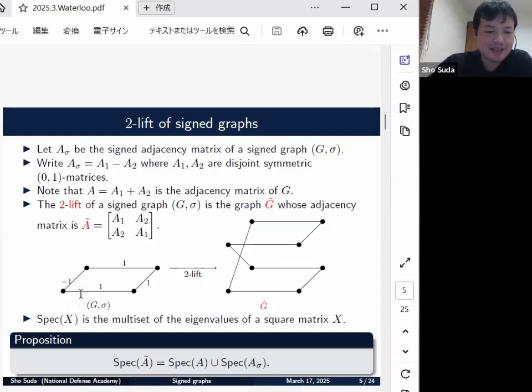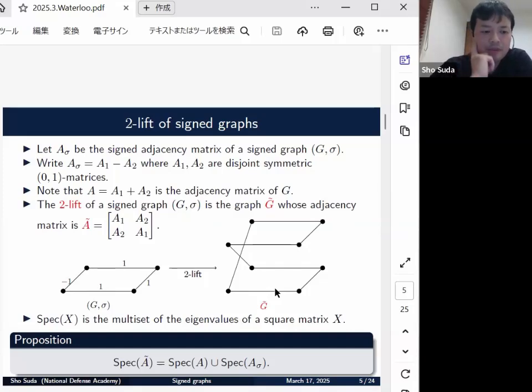If an edge receives the positive value 1, then these two vertices are connected within each layer in the resulting graph. And if two vertices receive the negative value -1, then we connect edges between the two vertices in different layers. So this is the two-lift for the signed adjacency matrix.